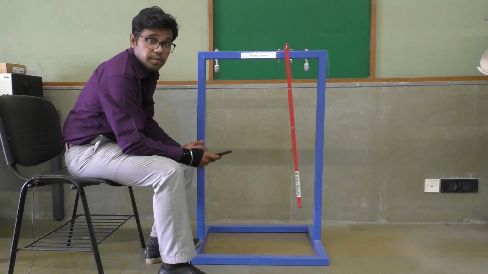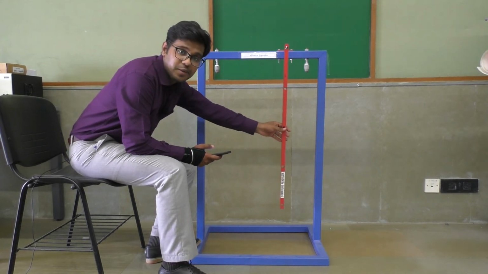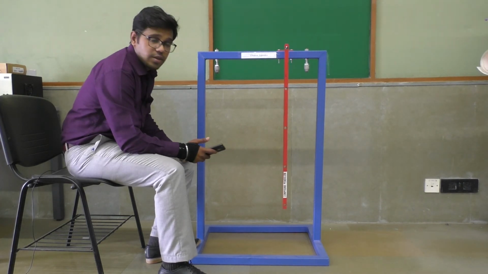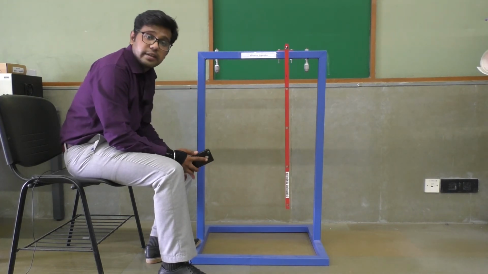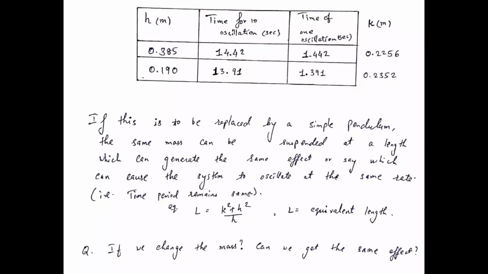This was 14.42 seconds. So time for 10 is 14.42 divided by 10, 1.44. We'll do it for the other height and we'll check the results and then we'll conclude about it.